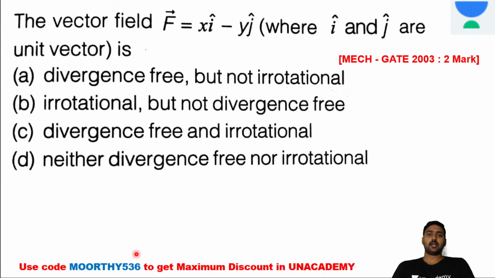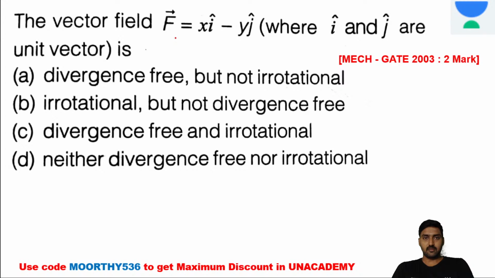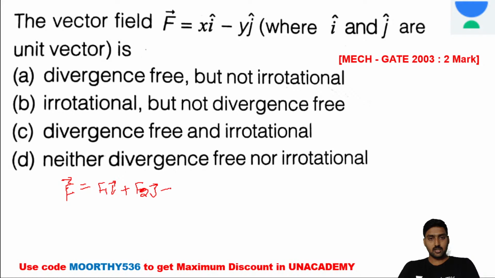Okay, listen. The first one, the given vector, we need to compare this vector. F vector they are giving. So this F vector is equal to F1 i vector plus F2 j vector plus F3 k vector.